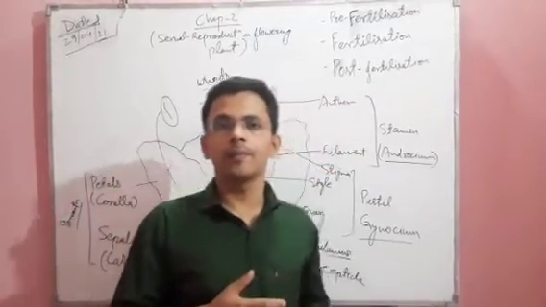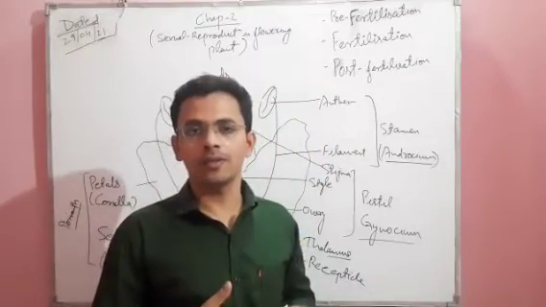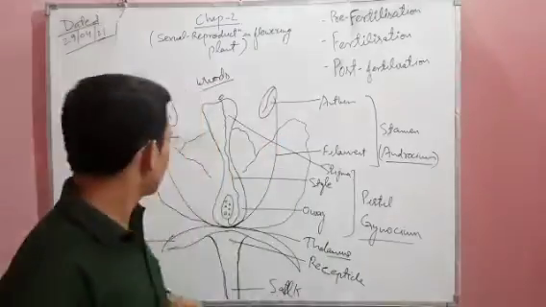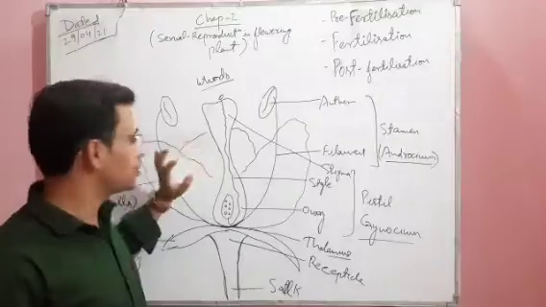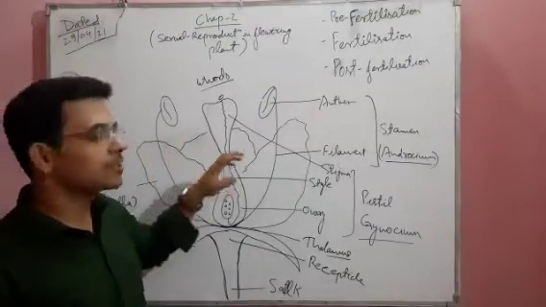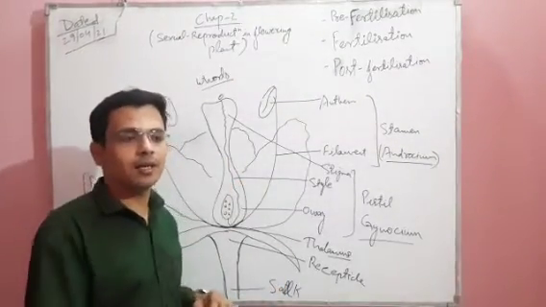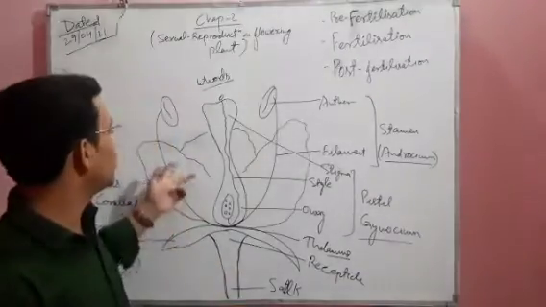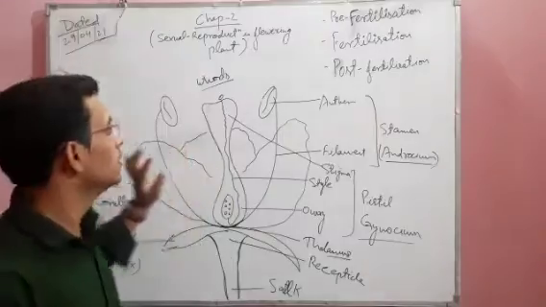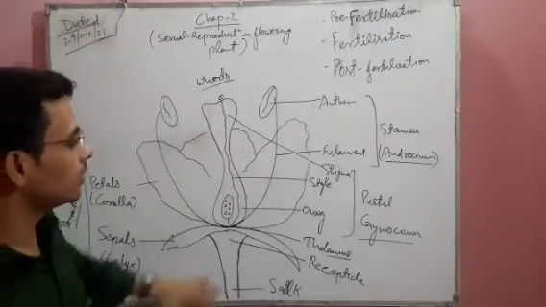Insect, animal, wind, water. So petals are colored, fragrant and of different shapes, which helps in attracting pollinating agents, which help in the pollination of the flower. These are the different roles of the parts of the flower.